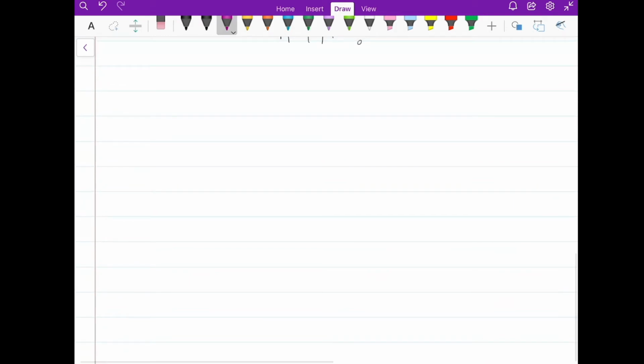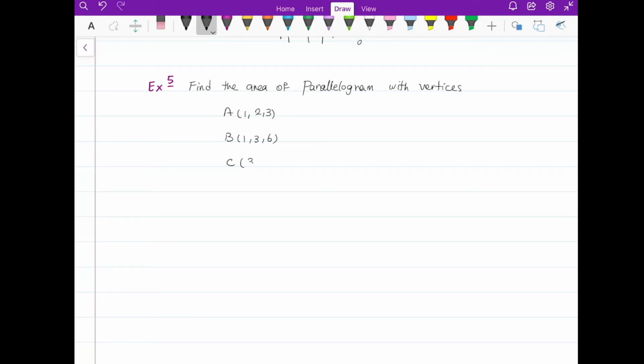Next example, which is example 5. Find the area of the parallelogram with vertices A (1, 2, 3), B (1, 3, 6), and C (3, 8, 6).